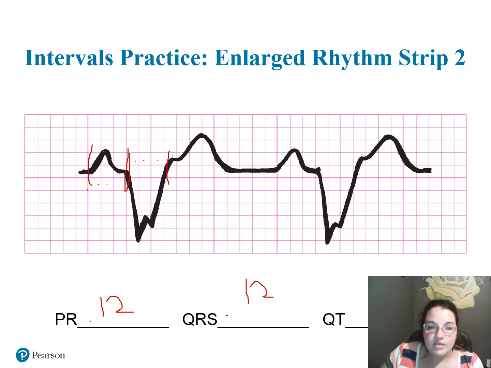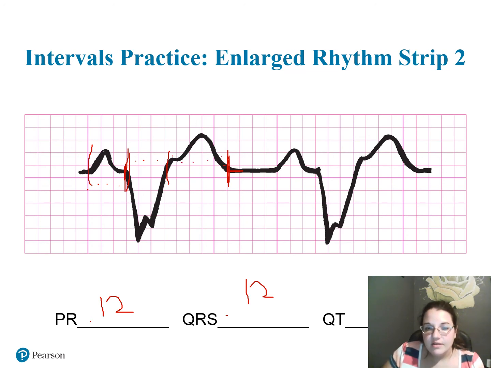And then my QT, so remember we want to go to the beginning of the QRS to the end of the T. Now this one, notice, when does that T end? It ends when we get back to the baseline. So where does that change? Right here. So I'm going to count. That's 3, 4, 5, 6, 7, 8.